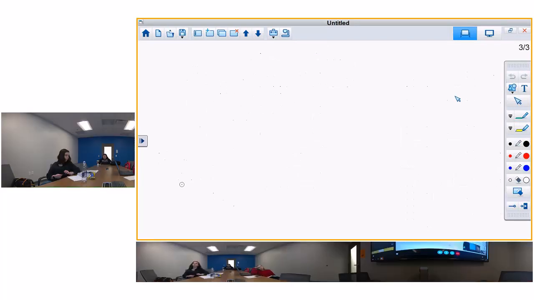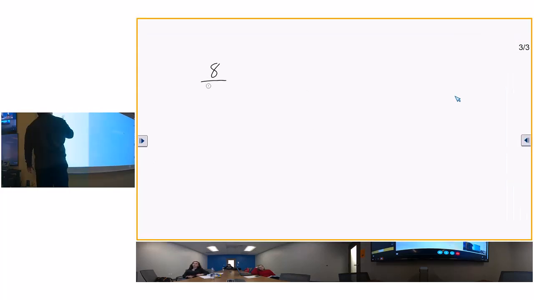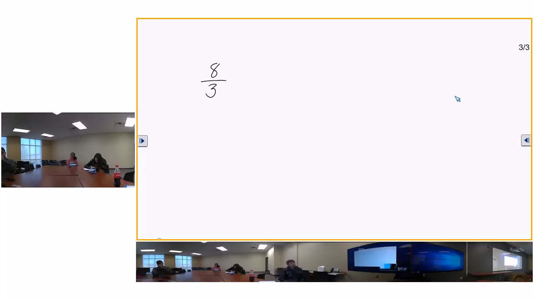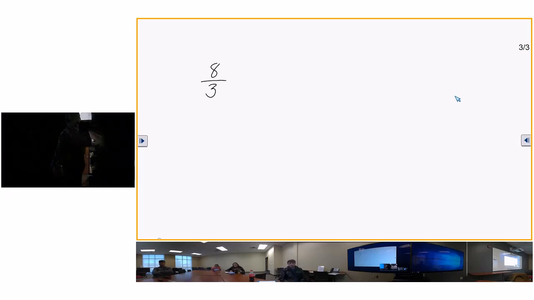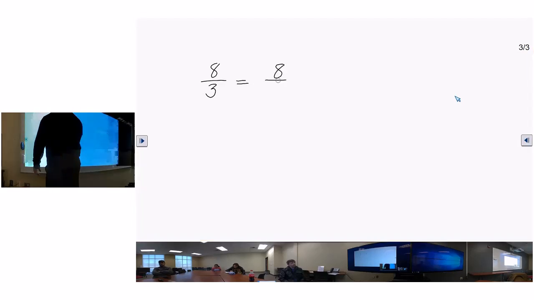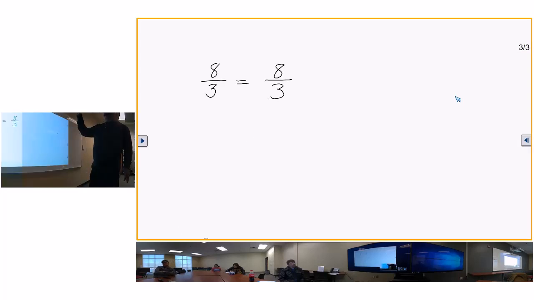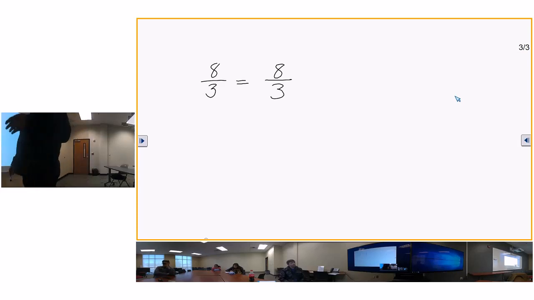Let's go with 8/3. The mathematical definition of being in simplest form is how many times your pencil hits the paper. Everybody with me? So, let's count. 1, 2, 3. My pencil hits the paper 3 times. Now let's change it to a mixed number because you've had a teacher tell you that that's simplified.